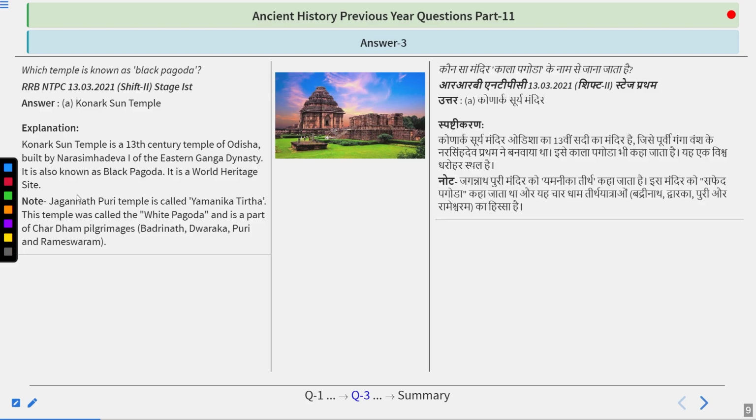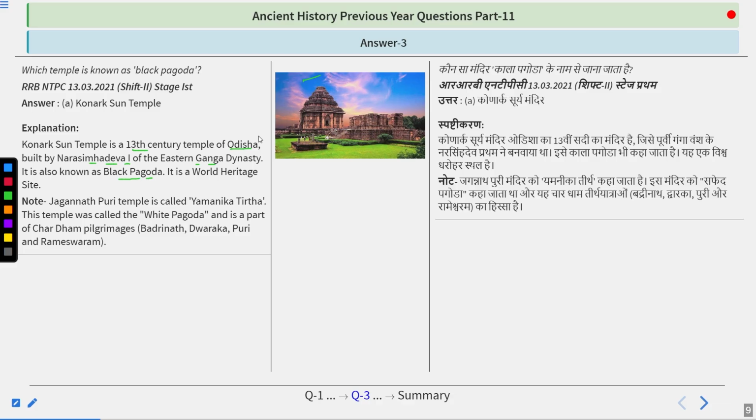This is the Konark Sun Temple, and we know that it is based in Odisha. It was built in the 13th century by Narsimhadev I of the Eastern Ganga dynasty. Remember this name. It is also known as the Black Pagoda. A pagoda is basically the dome structure that you can see at the top of this temple.